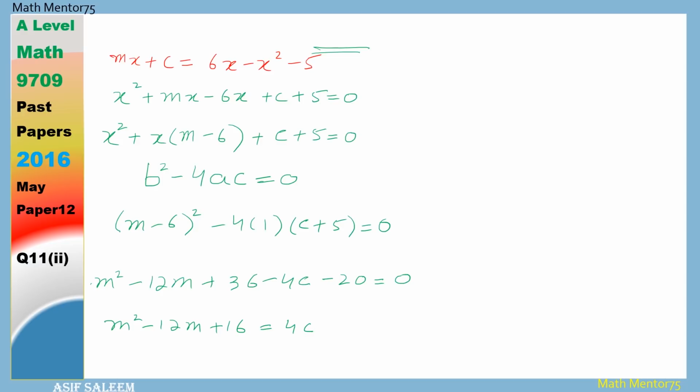Now let's switch the sides. 4c equals m squared minus 12m plus 16. This is what we have to prove. We have to prove that 4c is equal to m squared minus 12m plus 16.